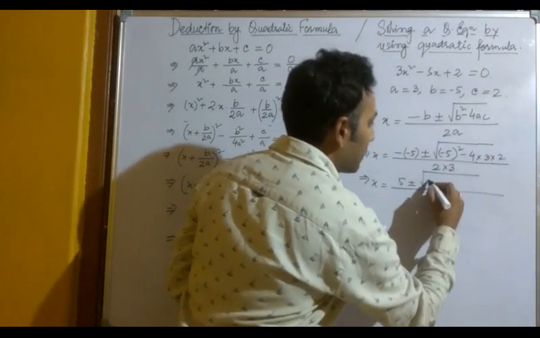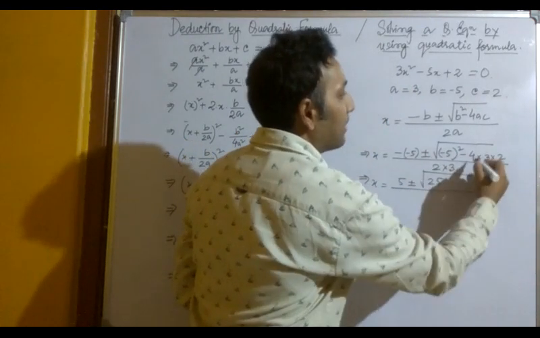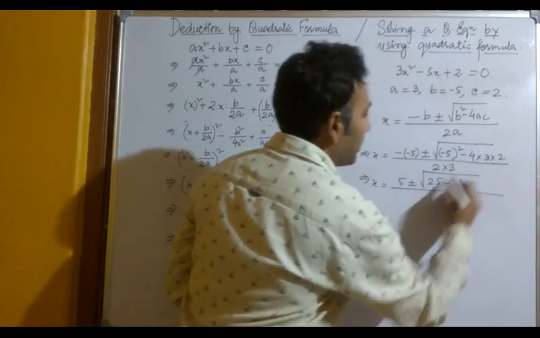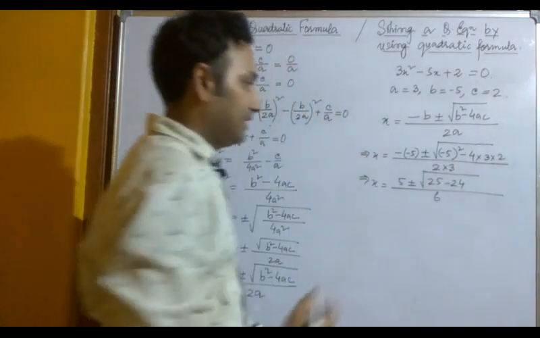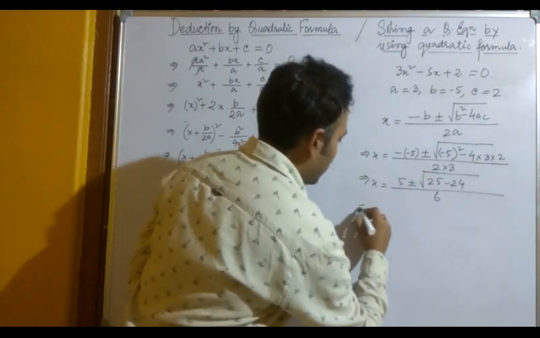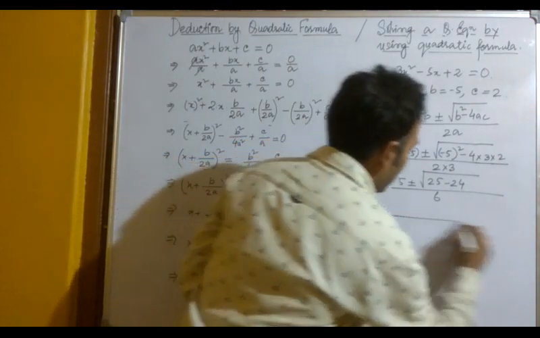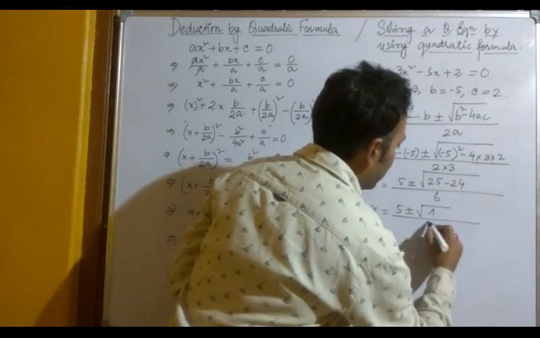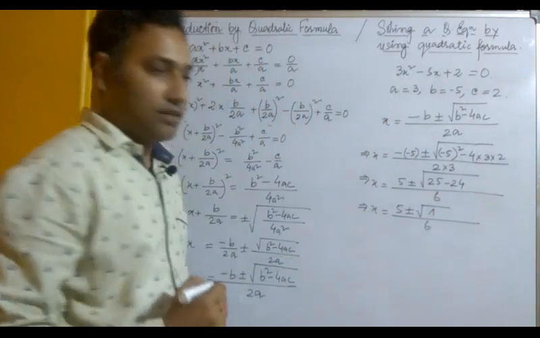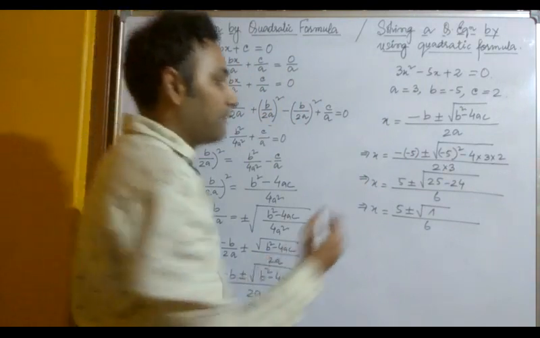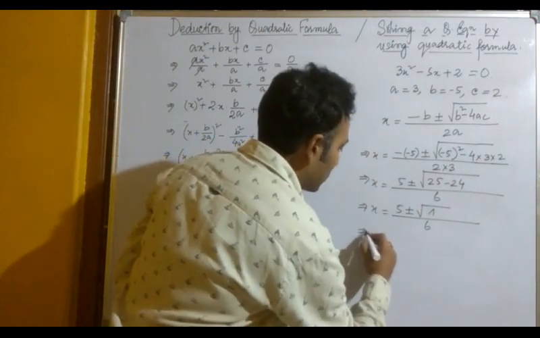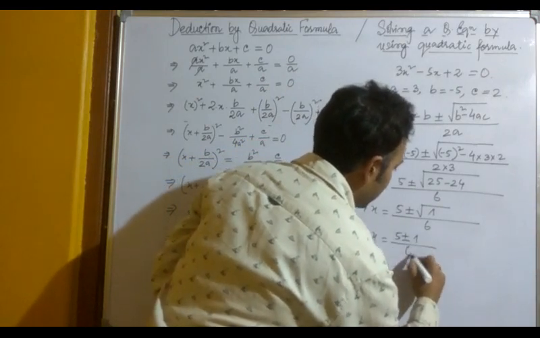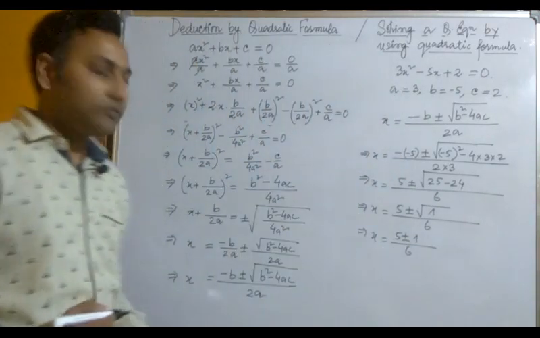Minus 5 square is equal to plus 25, and 4 into 3 is 12, 12 into 2 is 24, minus 24, divided by 6. So x is equal to 5 plus minus root over 1 divided by 6. So the value of root over 1 is 1. So x is equal to 5 plus minus 1 divided by 6.